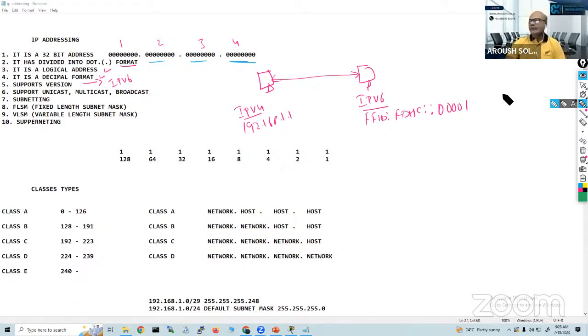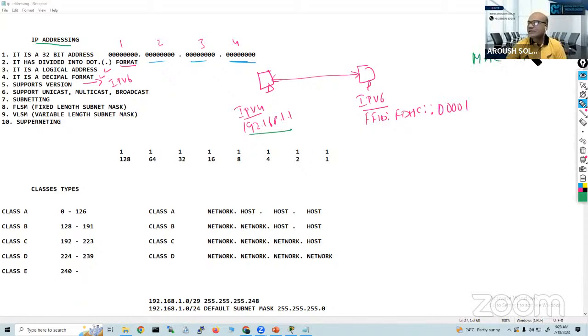First understand what I'm talking about here. IP addressing, I think you know, right? This is the logical address. Communication happens based on the logical address, not the physical address. Physical address is nothing but your MAC address.